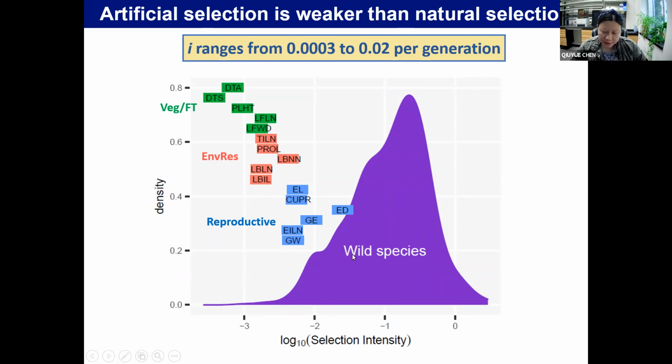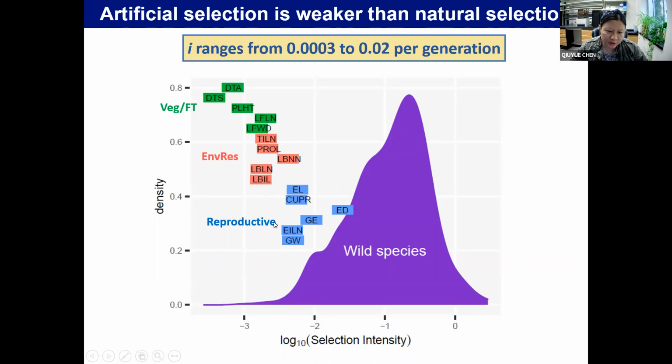In this plot, the purple distribution shows the selection intensities from published studies of natural selection, and the selection intensities from our traits are shown here. We found that artificial selection is generally weaker than natural selection.